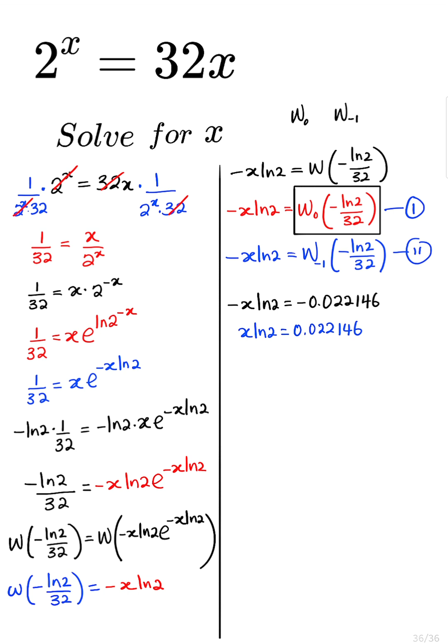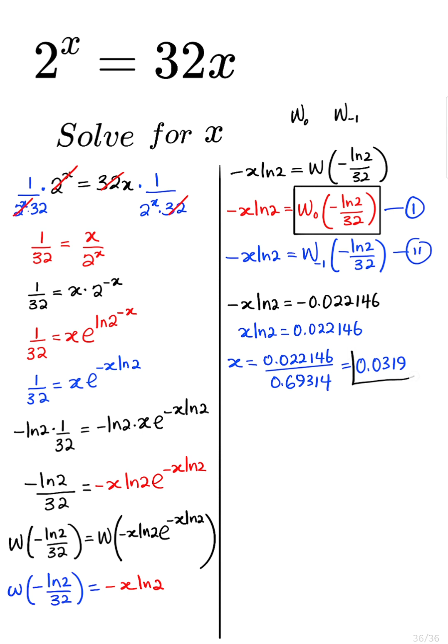So let's divide both sides by ln 2. Here we have x equals 0.0222146 over ln 2, where ln 2 equals 0.69314, and when we compute this value into our calculator, we end up having 0.0319 as the first solution to the equation.